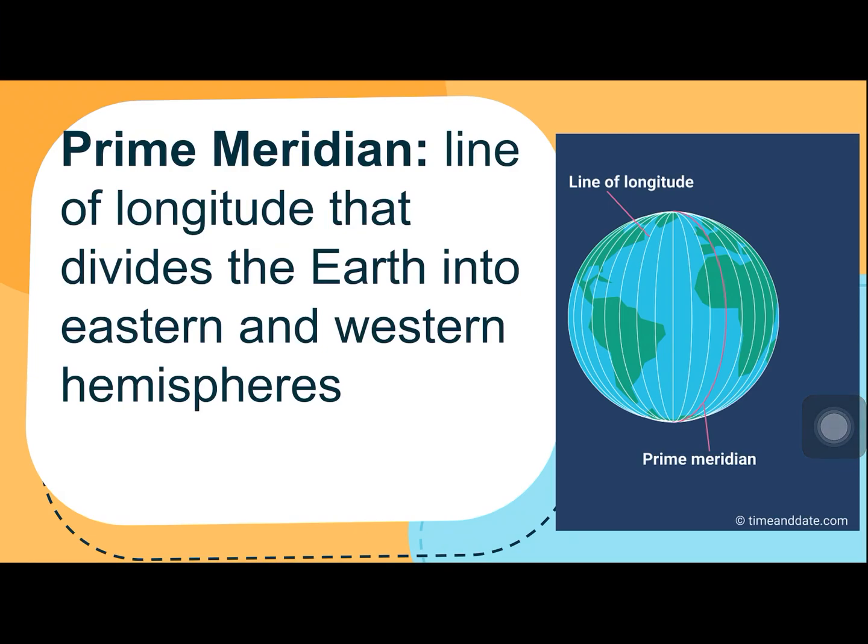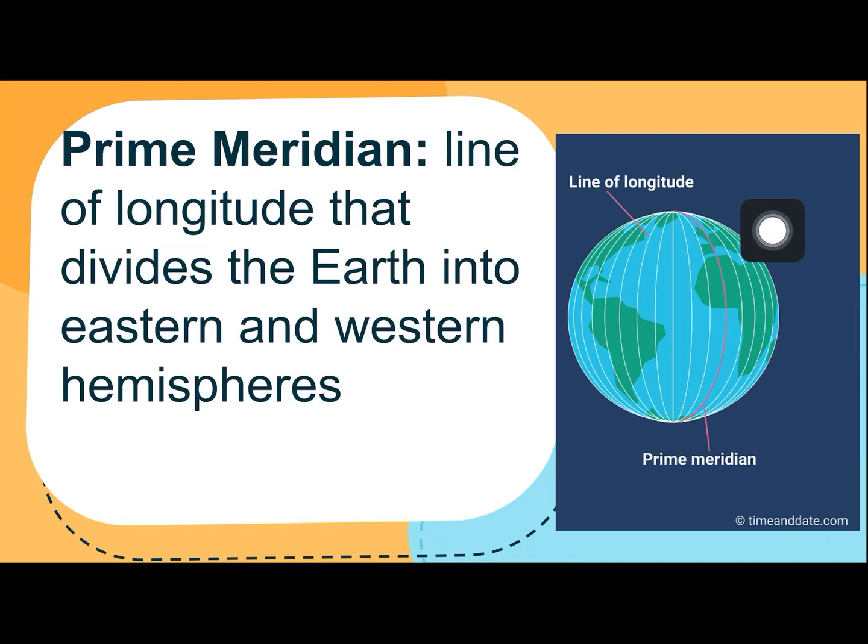With meridians though, we also have the word prime meridian. Please say prime meridian. Good, this is a line of longitude that divides the Earth into the eastern and western hemispheres. So think about the equator, that divides our Earth into the northern hemisphere and the southern hemisphere.